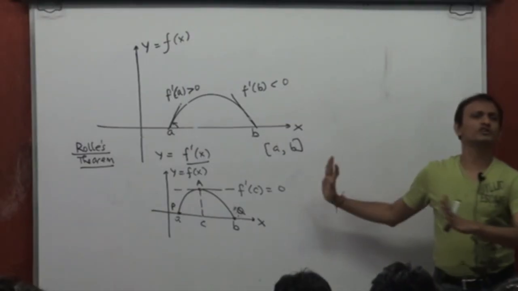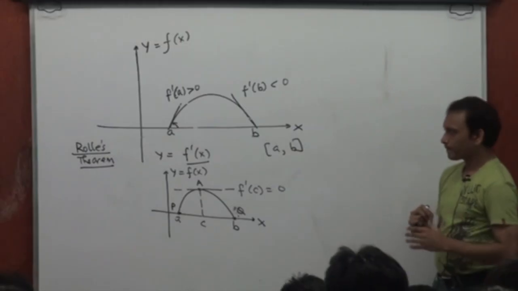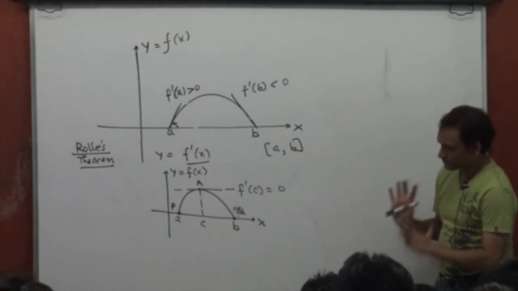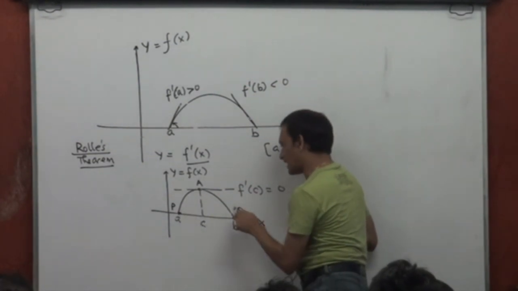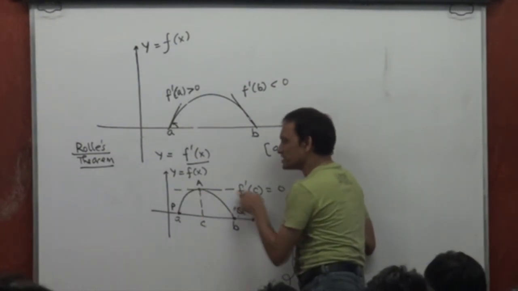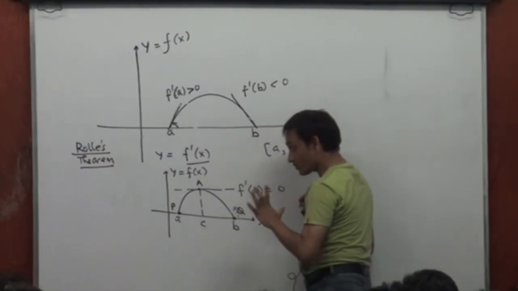This was the original version of Mr. Rolle, right? But what's the physicality here? The physicality is this is a curve. This is the line joining P and Q. The tangent at A is parallel to the line joining P and Q, right?